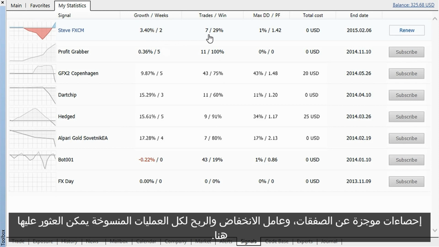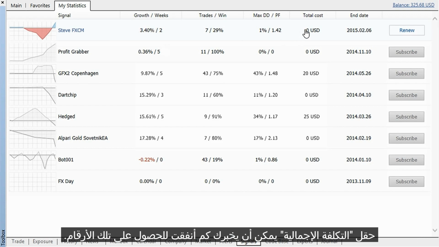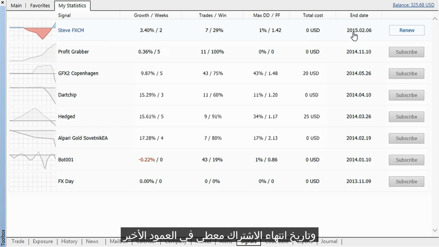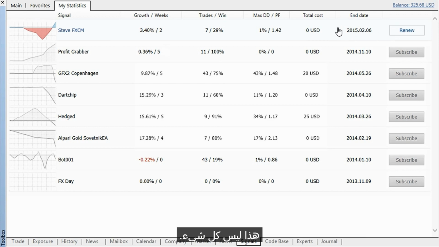Brief statistics on trades, drawdown and profit factor of all copied operations can be found here. The field total cost can tell you how much you spent to get those figures. The subscription expiry date is given in the last column, and you can extend it by pressing the button on the right-hand side. This is not all.